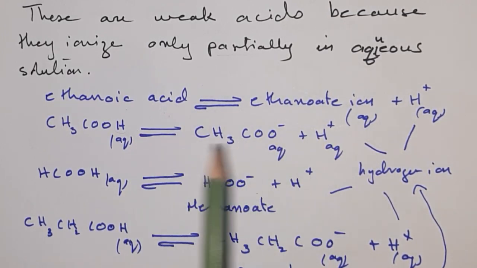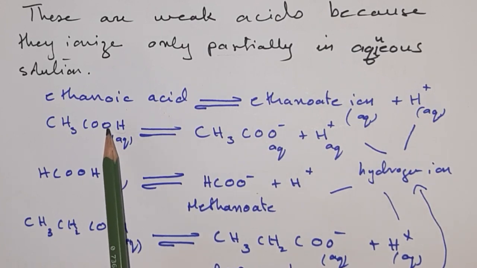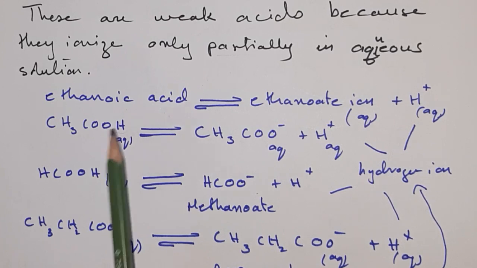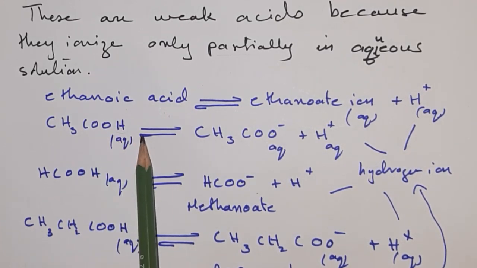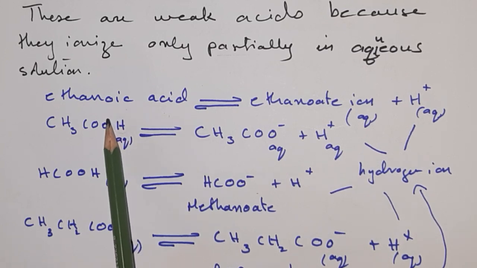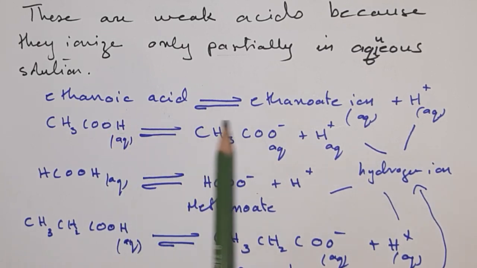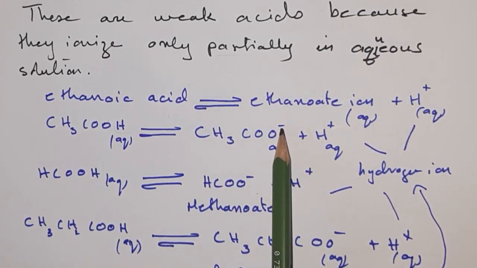So when we say ionize, you already know that there is a covalent bond between O and H, and in a single covalent bond we have 2 electrons. So when it ionizes like this, H is going to leave its electron over here and will form H positive ion, and that extra electron will make it negatively charged.